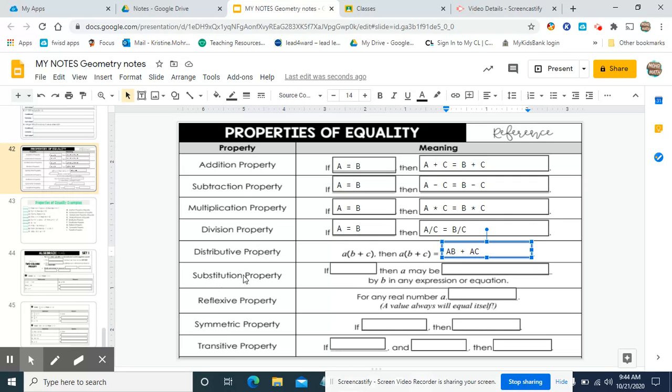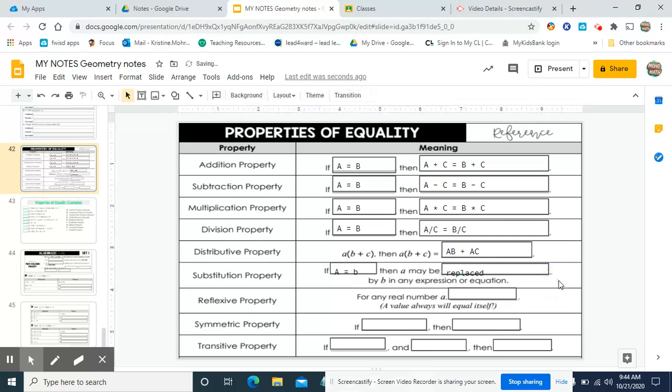All right, substitution. This one is a new word, but not a new thing. We still have A equal to B. This means that it can be replaced. So we found A equals some number B, and it can be replaced in any expression or equation. Like x equals 5, and you have an equation 2x plus 1.